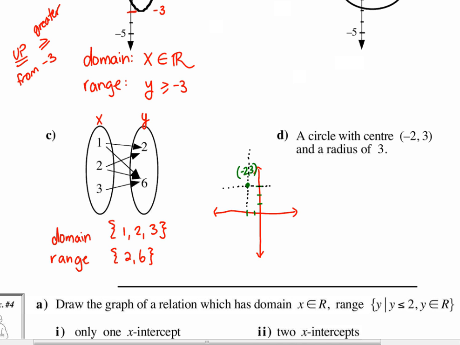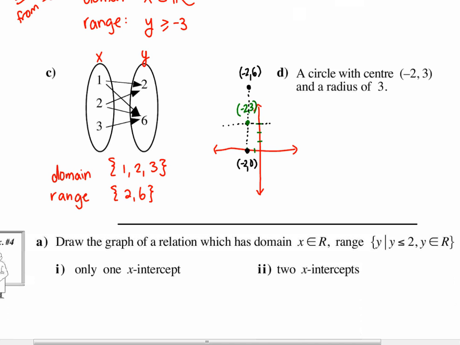So where does 3 up land you? What point would this be here? -2 and what? 6, good. Where does 3 down land? -2 and 0. Okay, now 3 to the left. This is at -2. 1, 2, 3.